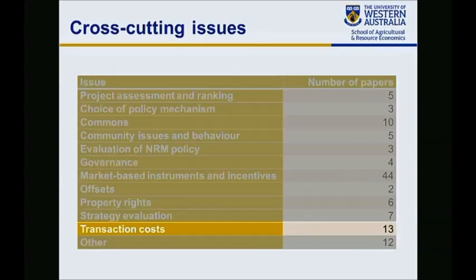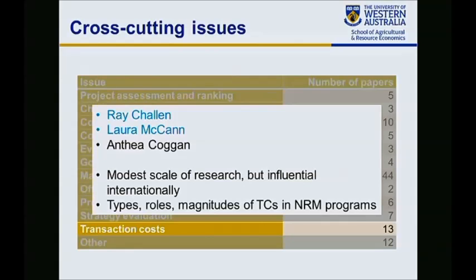Last one I'll mention, and this is transaction costs. Only a relatively small number of papers, but it's worth mentioning because WA plays an above-average role in this. Ray Challen was a PhD student in this school, supervised by Steve, and Laura McCann was formerly a lecturer in this school, and they really did quite groundbreaking work in the estimation, identification and definition of transaction costs in environmental programs.